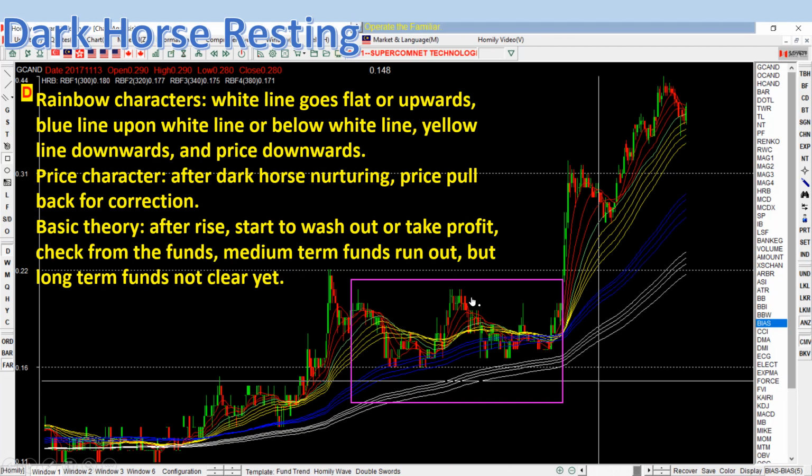And for the dark horse resting, the Homing Rainbow character is when the white line goes flat or upwards, the blue line is upon or below the white line, the yellow line goes downwards, and the price goes downwards.